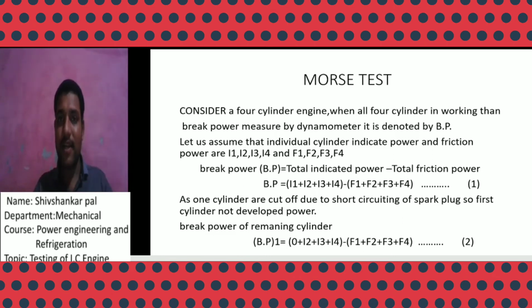When the spark is not generated, combustion does not occur, the fuel does not burn, no heat is released and no power is produced. So F1, the friction of the first cylinder, is not 0.